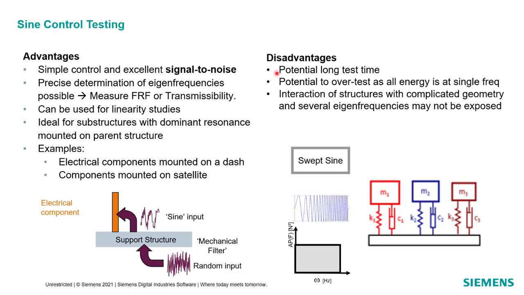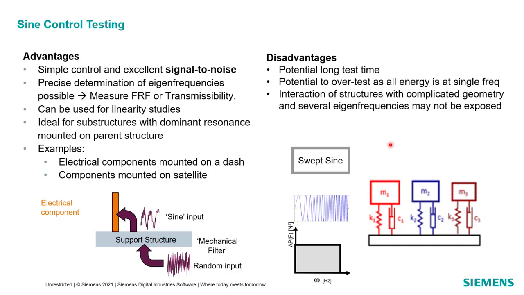So that could lead to overtest potentially. If you're controlling at the base, again, you can hit resonance and you can overtest. That's mitigated through response limiting of some sort, what we call watchdog accelerometers or limit sensors that are spread around the structure to prevent those overtests.